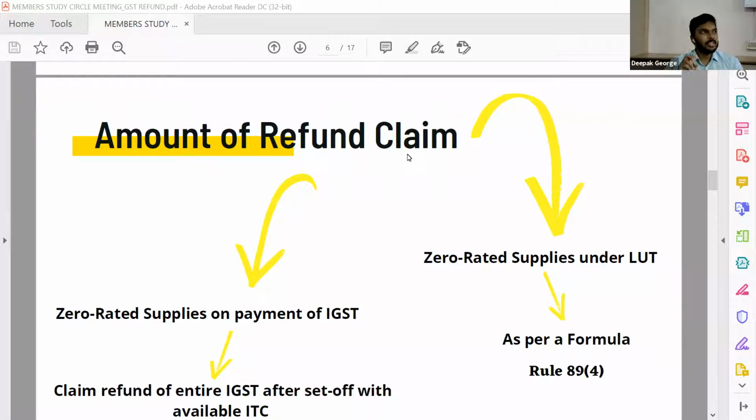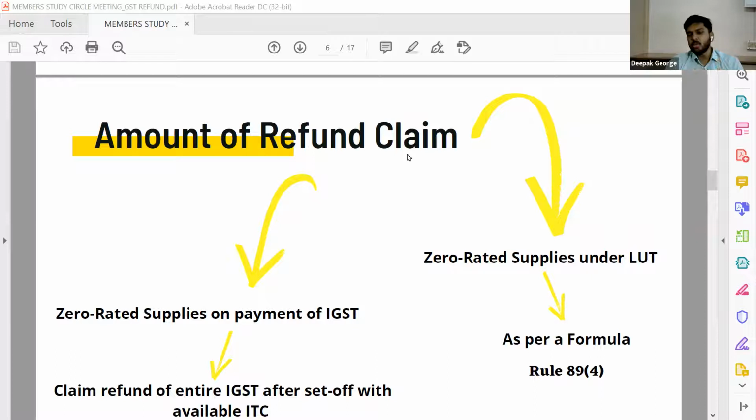As far as zero rated supplies without payment of IGST under LUT is concerned, there's a particular formula, and this is where the complexity lies. There's a particular formula prescribed under Rule 89. I guess 89 sub Rule 4 specifies the formula on how to compute the net ITC, because under the without payment of IGST case, you're basically claiming the refund of unutilized ITC.